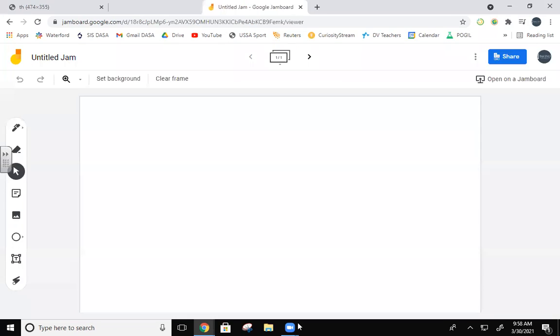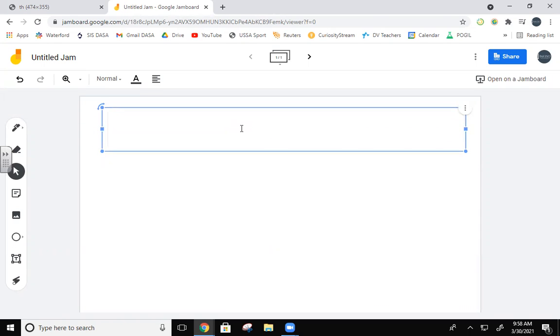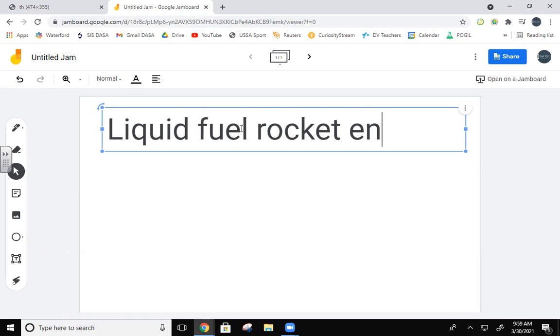So let me pull this up here, make the text box bigger and longer. Okay, so liquid fuel. Are we going to learn about that?